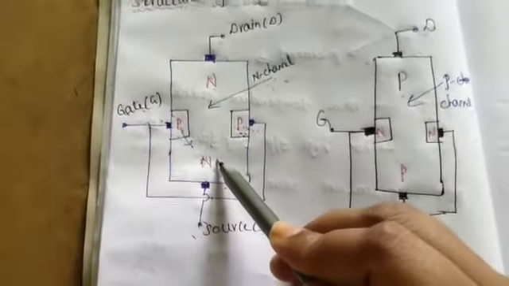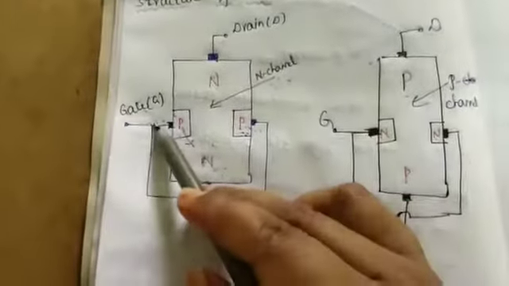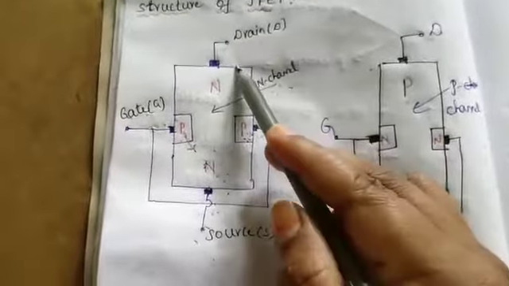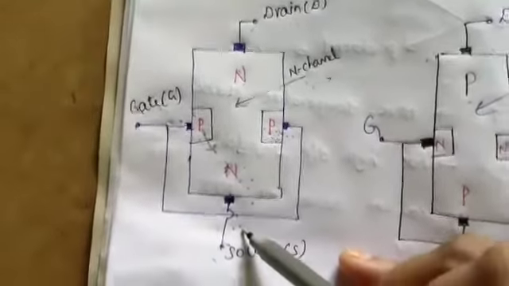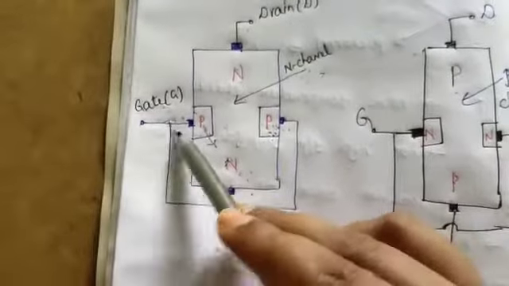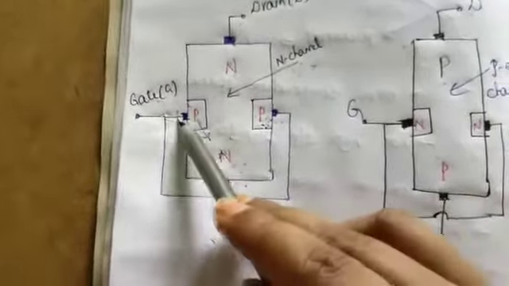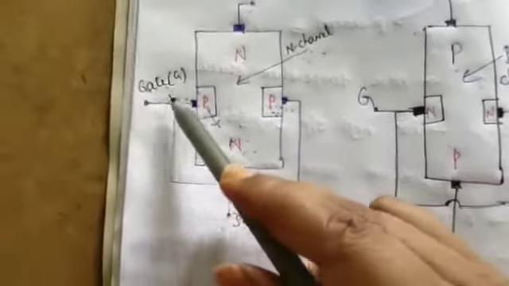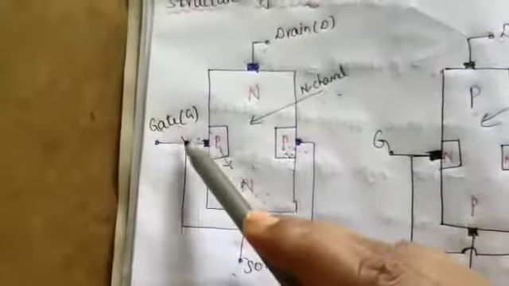So it has three terminals: drain, source and gate. Source and drain are both N type. It actually has two gate terminals, the two P materials, but these two gate terminals are connected together, so it has a single gate terminal.